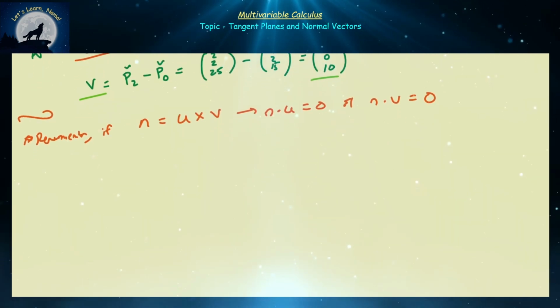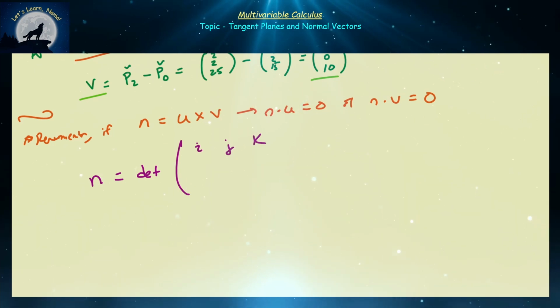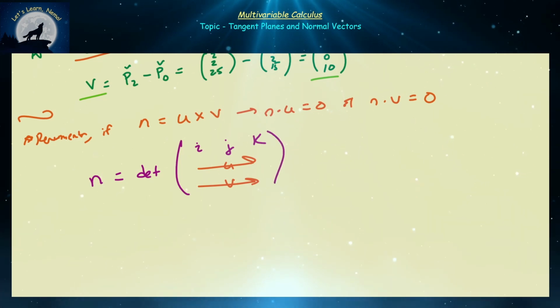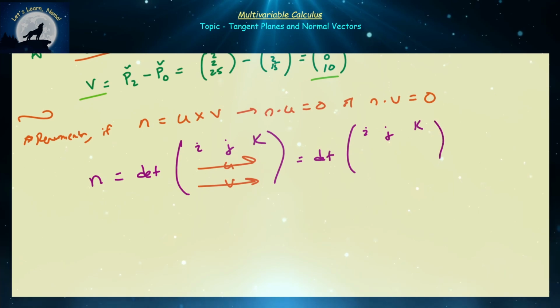So remember, how do you find cross products? So n will be equal to the determinant of the ijk component 3x3 matrix, and then we're going to have u on one row, and then v on another row. So that's going to be equal to the determinant of i, j, k, and then u, 0, 1, 14, and then 1, 0, 10.